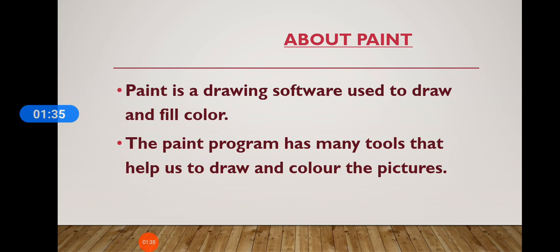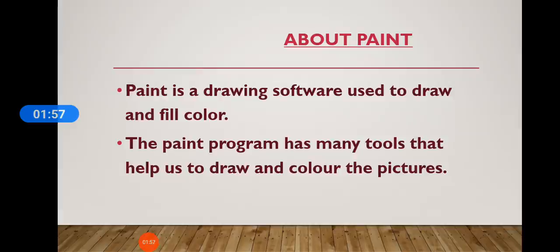We can use paint for creating, editing and printing pictures. With this program, we can draw different objects like pictures, cartoons, maps, etc. We can also use paint to view and edit scanned pictures.